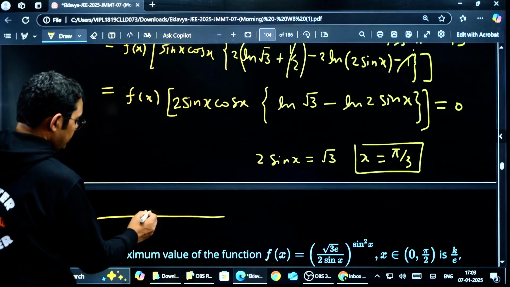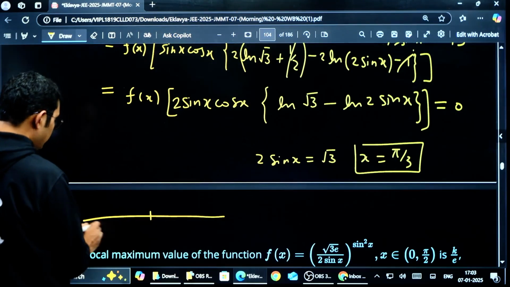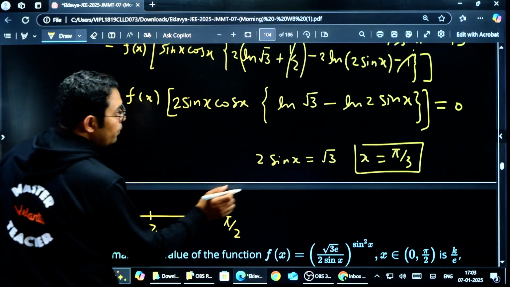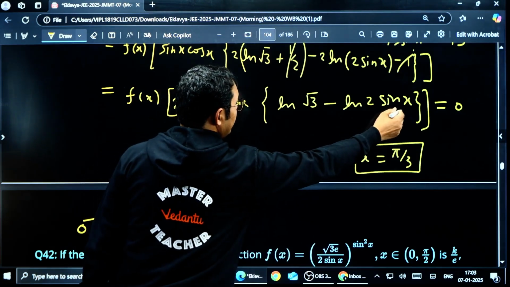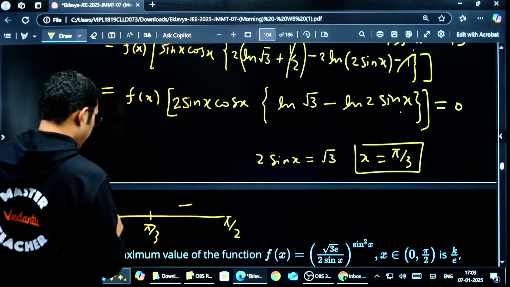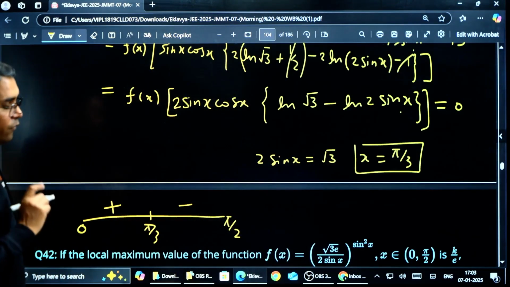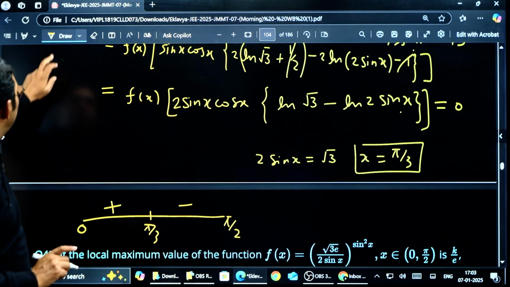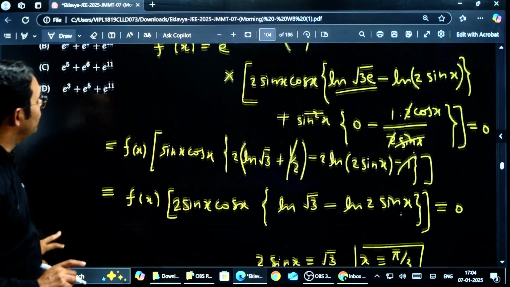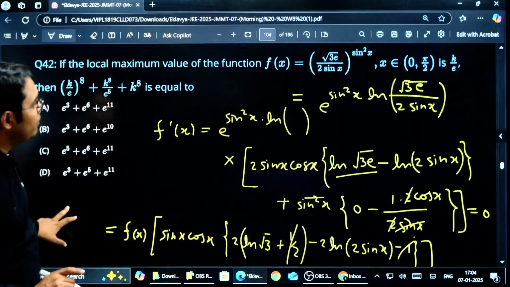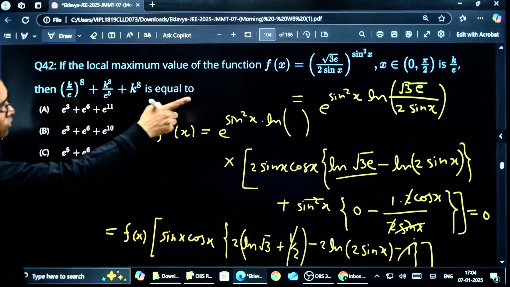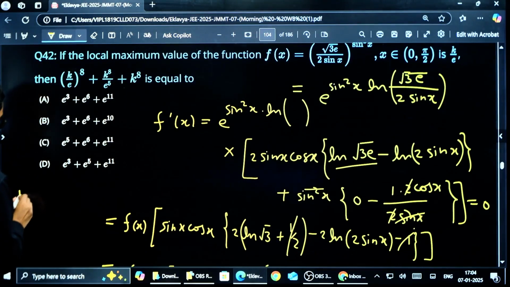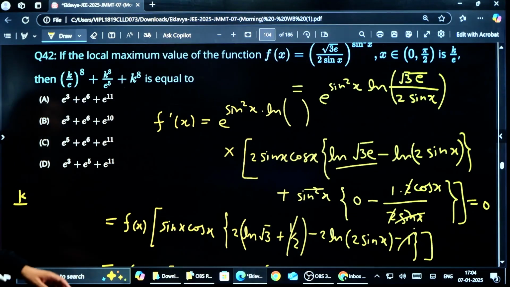So in this line, which is from 0 to pi by 2, the only critical point is pi by 3, and you can put numbers greater than pi by 3 here, then this thing will become negative, and here it will become positive, which means this is going to have the point of maxima at pi by 3. So if it is maximum at pi by 3, I think the maximum value which they are saying is k upon e.